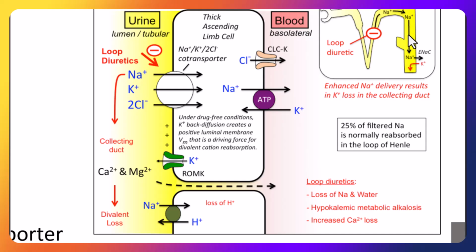And when it takes sodium back into the blood, it does this in a kind of two-step process. One, it's pulling sodium in and exchanging it for hydrogen. And then in order for sodium to get into the blood, it has to be exchanged for potassium. So what we end up with is loss of both potassium and loss of hydrogen.